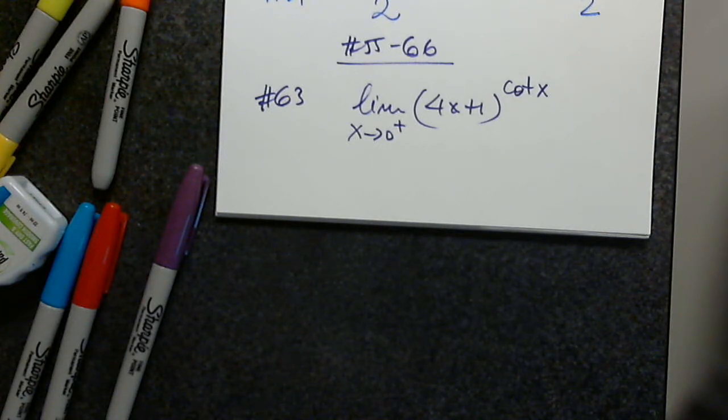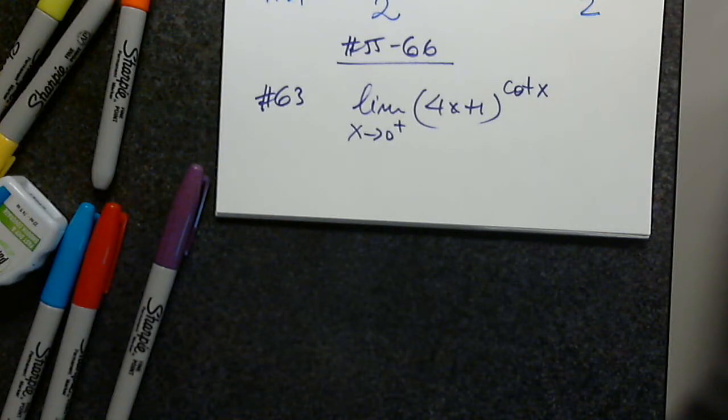So first of all, we know this, we have to apply the natural log. So you have the natural log of y. Let's write natural log y. Now let's write the limit of the natural log y.